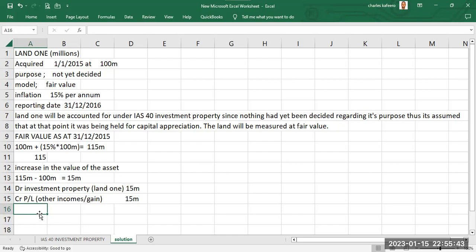So we are going to look at how you can account for those when we look at IAS 16 PPE. So that's basically for that year 1.